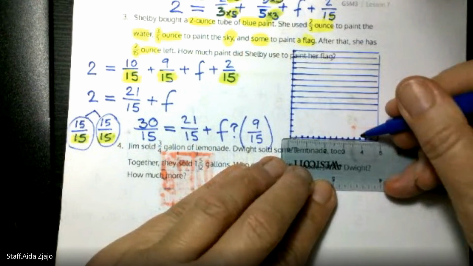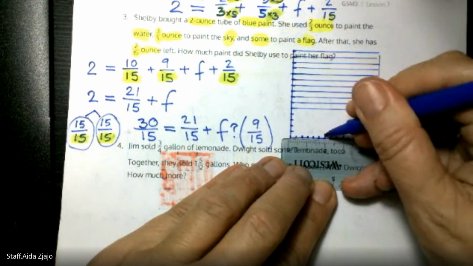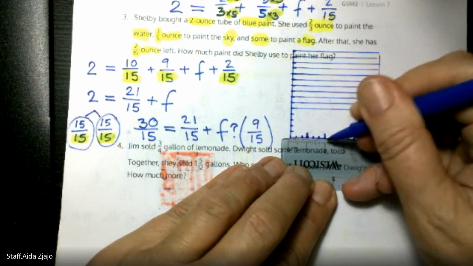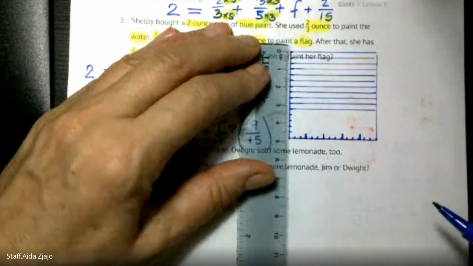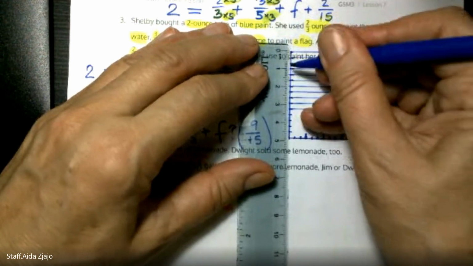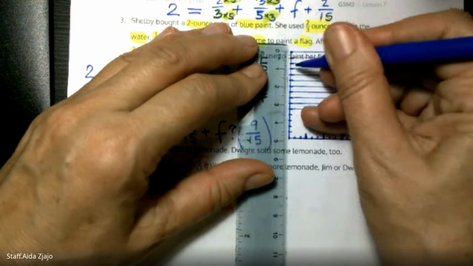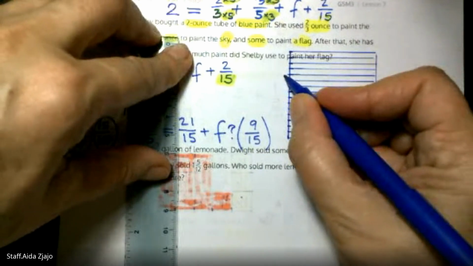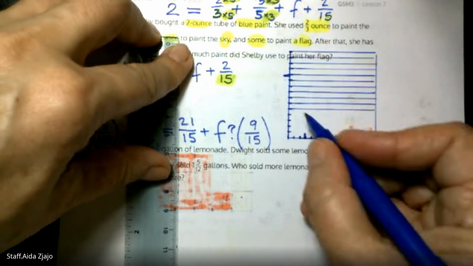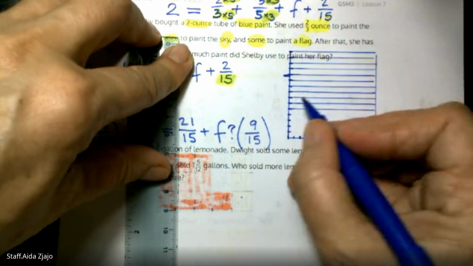Okay, if this is 5 and this is 3 pieces, so I need 2 lines. So about 1 here and 1 here.